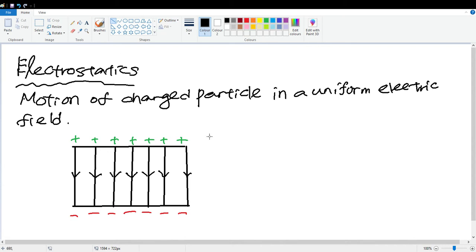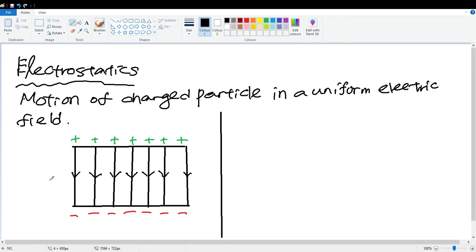Consider I put normal metal plates at the end of these two charged metal plates, which help us to produce the electric field. So these are the normal metal plates.